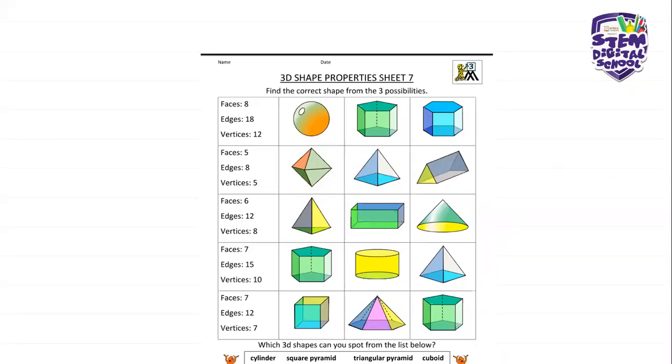And then the next one, you have 6 faces and then 12 edges and then 8 vertices. And Tando says it is the rectangular prism. I agree with you, Tando. Even Tandim Tembu says the rectangular prism. Great. I'm glad that now we are moving.